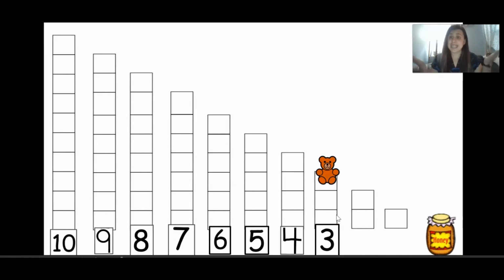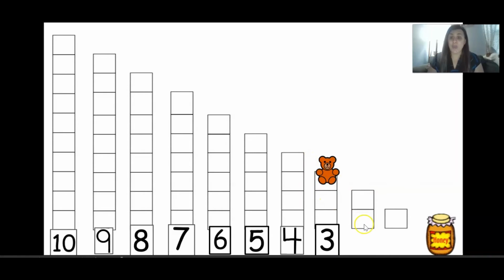What are you noticing about the number towers as Mr. Bear moves down? Your teacher's going to pause the video and ask you, what do you notice about the number towers as Mr. Bear gets closer to the honey? You probably said that when he moves down each tower, 1 cube is going away.